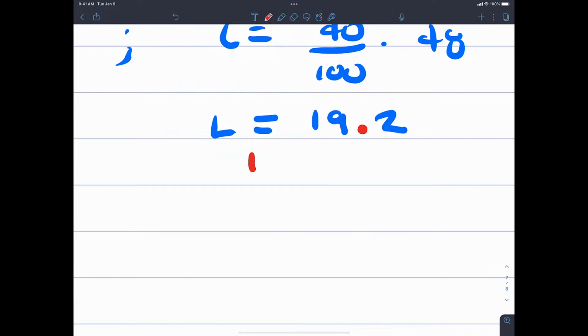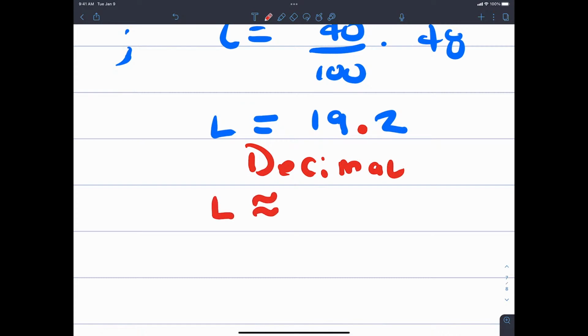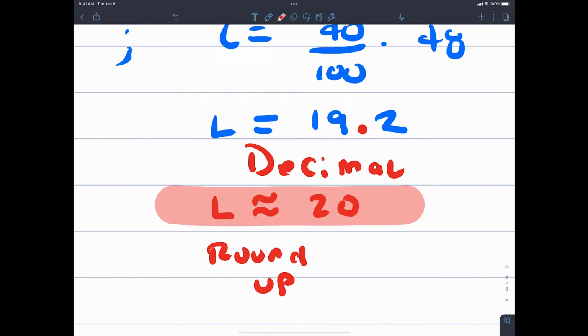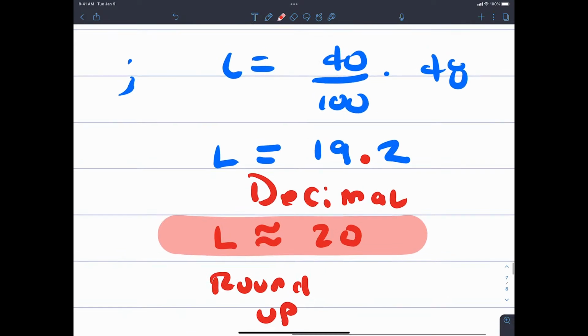Now, what do you think I'm going to say here? This is a what? Decimal. Good. When it's a decimal, what do you do? You round up to the next whole number. What's the next whole number after 19? There you go, ladies and gentlemen. This is your what? Locator. You guys okay with that?